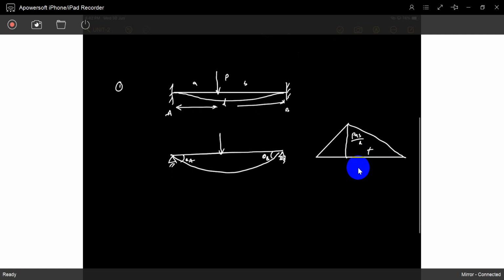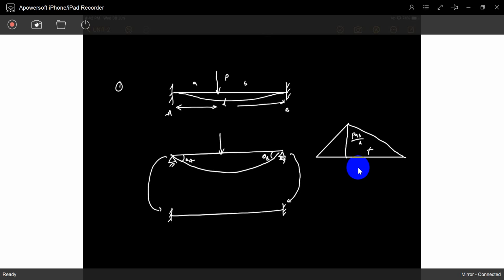If these two ends are fixed, if you provide fixity at the ends, what will it do? Bending moment is arising. What is the purpose of the arising bending moment?